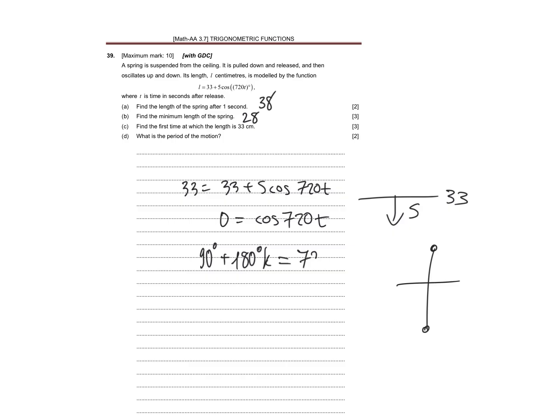So that's 720t. If we divide by 720, that's 1/8 plus 1/4 k. That's t, so the first time should be at 1/8 seconds. What's the period of the motion? We just do 360 over 720, which is 1/2.